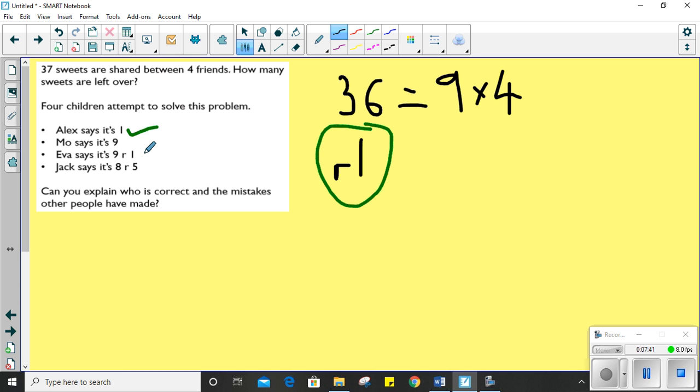She has not told me how many sweets are left over. Jack says it's 8, remainder 5. Now Jack has got 32 rather than 36. He's got a 5 remainder, but when we're dividing something by 4, we should never have a remainder of 5. You can't have a remainder higher than what you're dividing by.